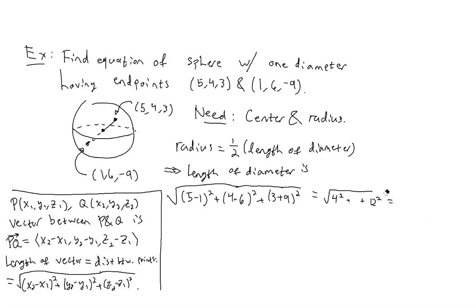So that changes the story a little bit. Thank you for catching that. 4 minus 6 squared is plus 2 squared, so 16 plus 4 is 20, plus 144 is 164 in that case. Good?